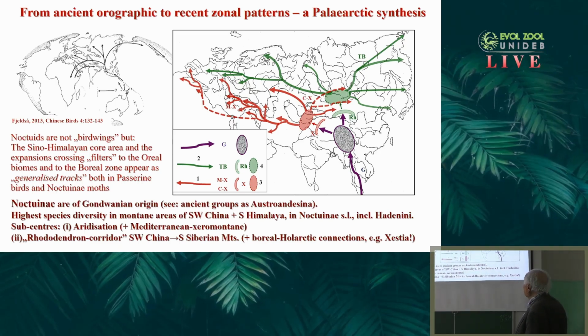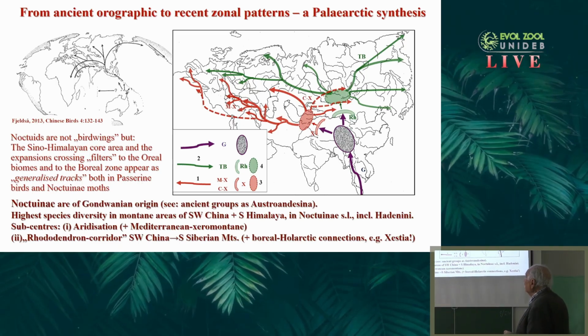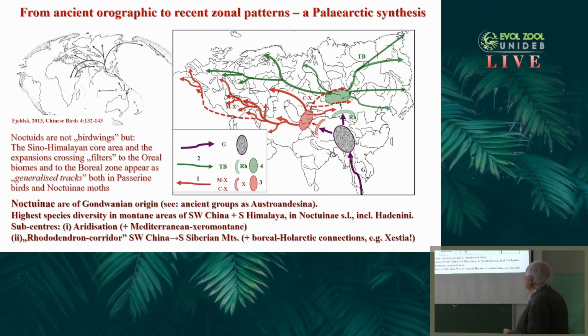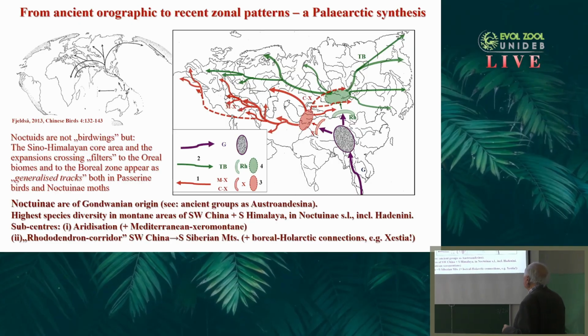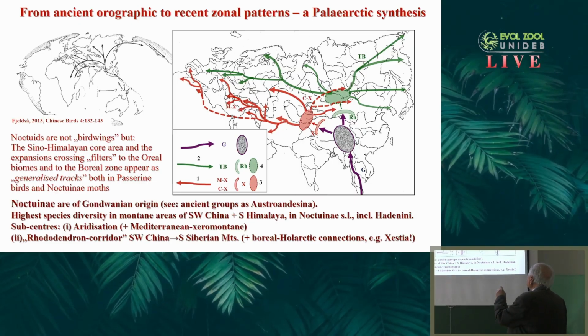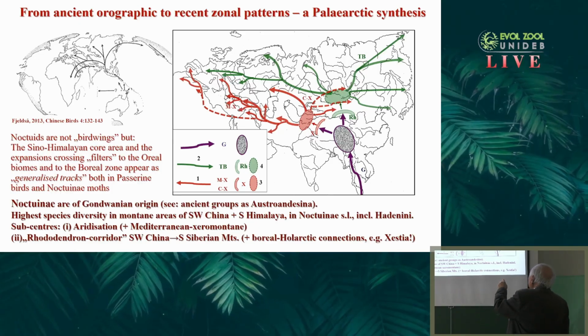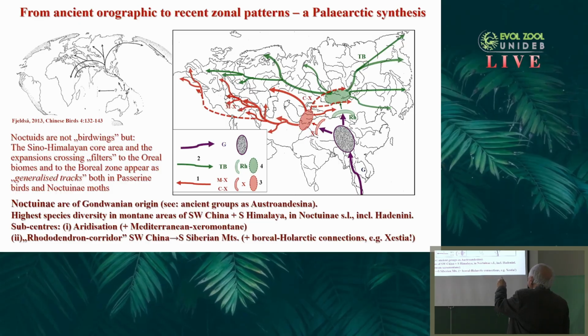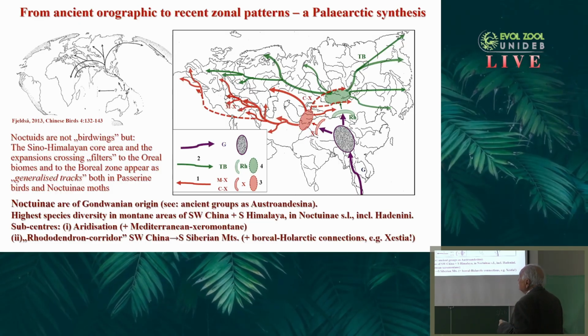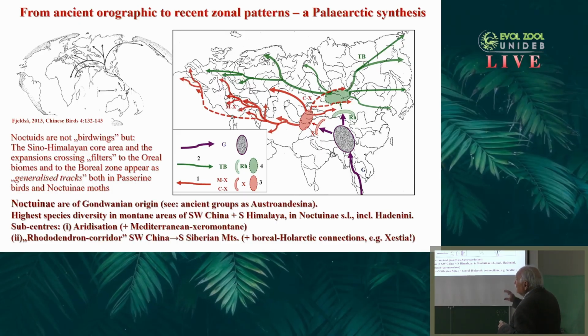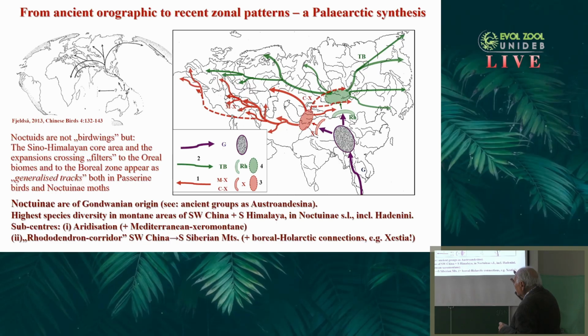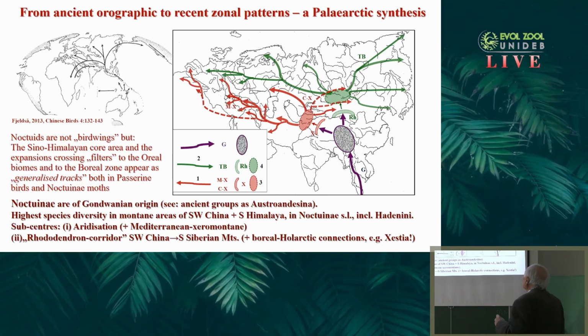During the study of different mountains and different groups of Noctuid moths, we have seen that the largest species diversity is in this western Chinese mountainous area. And this is also the same in birds and amphibians and many other groups.